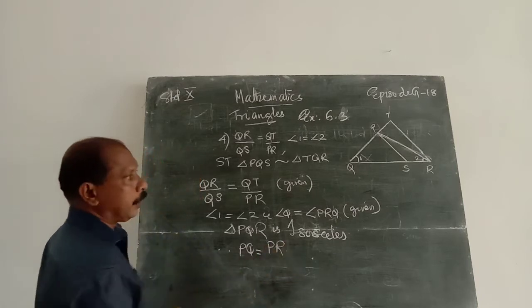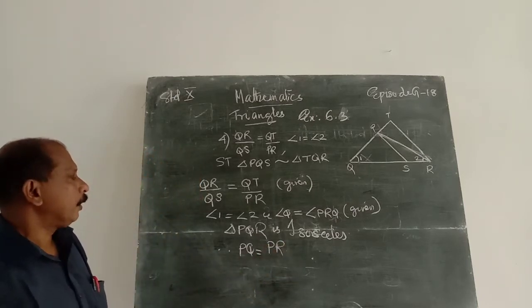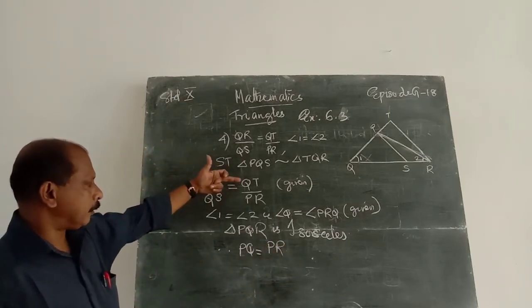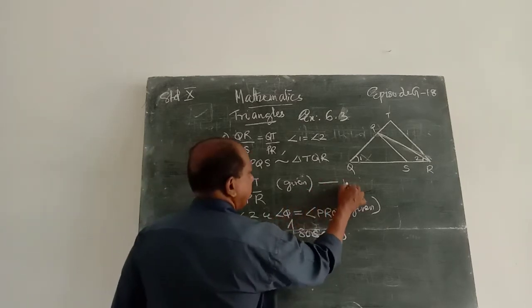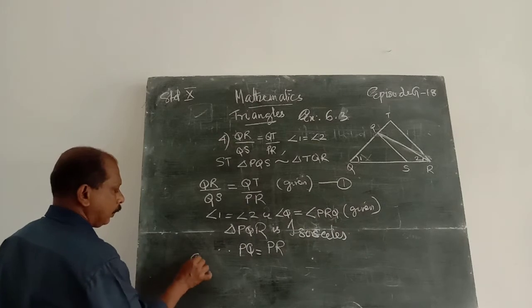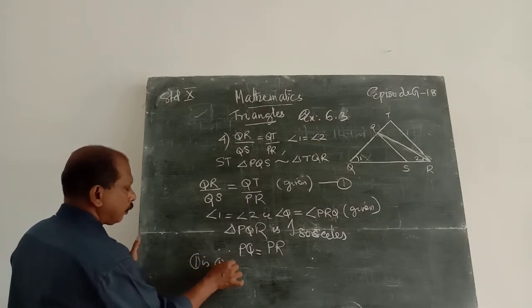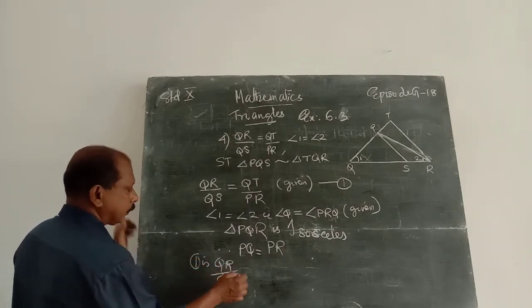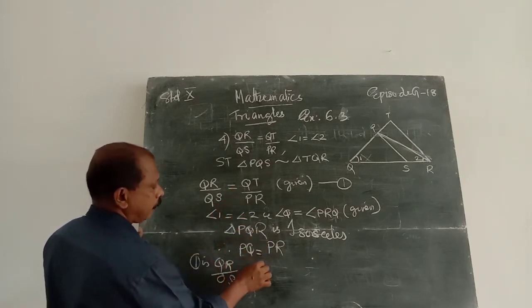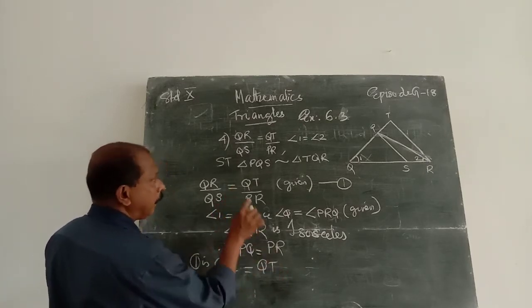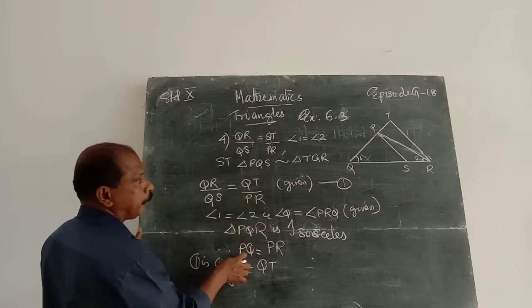PQ is equal to PR. Therefore, in this result, PR is replaced by PQ. This is equation number 1. Therefore, in equation 1, QR by QS is equal to QT by PR, with PR replaced by PQ.